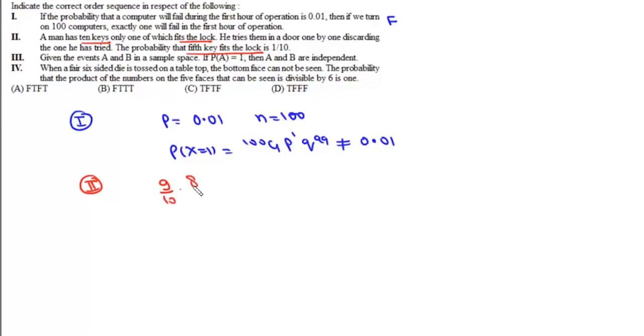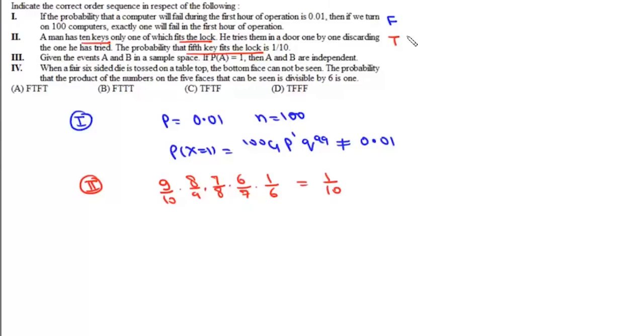Second one, it will be 8 by 9. Third one, 7 by 8. Fourth one, 6 by 7. Now this fifth one has to be the right key, so it will be then 1 by 6. So this probability will now be 1 by 10. That means this second one, it is true.